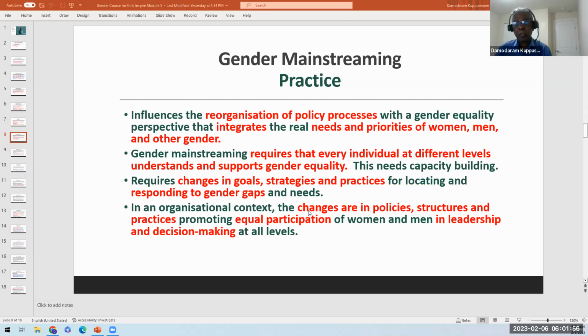So everyone, not only the top leadership but right through the organization, right through the levels of the community or the state, recognizes, accepts, and practices gender mainstreaming in all the work that they do.